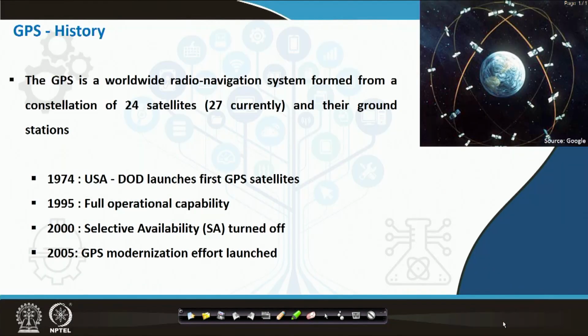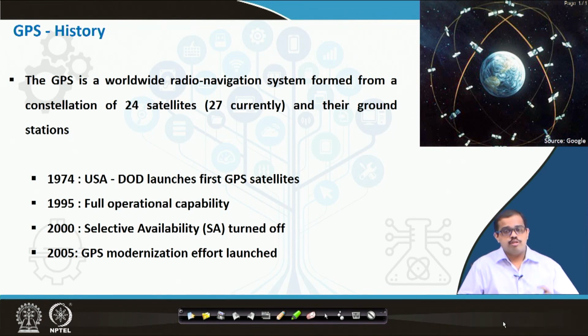Now, when I say global positioning system, if I have to define it, it is a worldwide radio navigation system. This is formed from the constellation of 24 satellites. The total number of satellites is about 27, and their ground stations. So, you need to have satellites, you need to have ground stations, and you need to have a control station, and also the receivers.